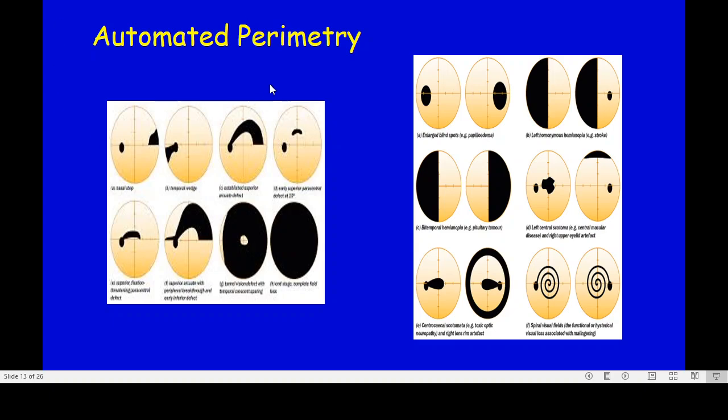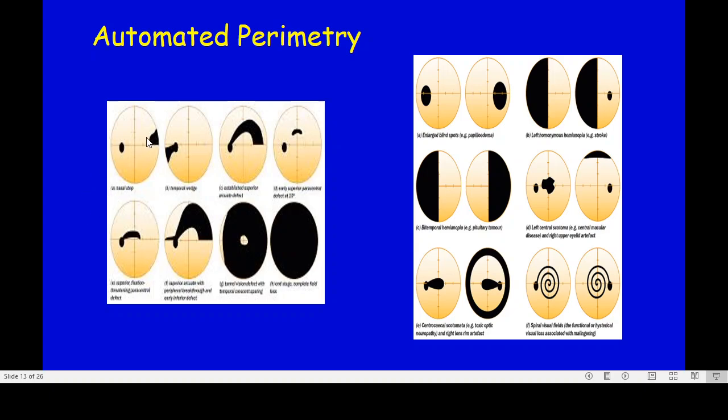This is very important: automated perimetry. Automated perimetry is used to make out the changes in the visual field of the patient. So in this area, you can see these dark spots. These are changes we come across in glaucoma.